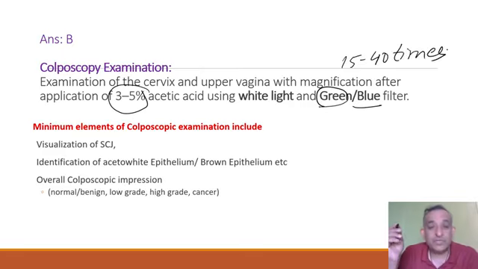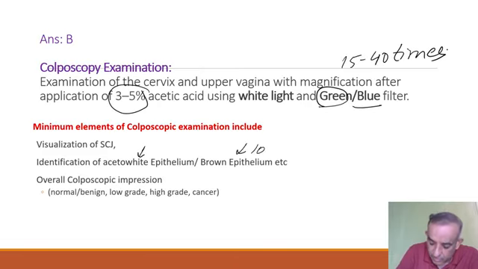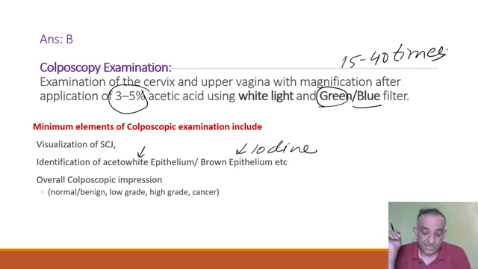Minimal elements of a good colposcopic examination include visualization of the squamocolumnar junction, identification of the acetowhite epithelium and the brown epithelium. Acetowhite is with acetic acid and brown is with Lugol's iodine or Schiller's iodine also. And an overall colposcopic impression should be there, what you assess with your colposcopy.